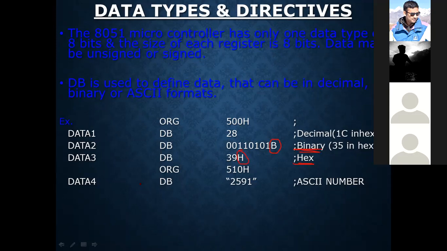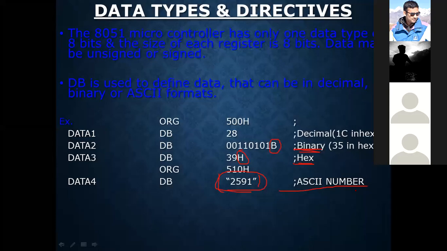And whenever this data 4 is loaded, you can see there are inverted commas, so this will be acting as the ASCII number.